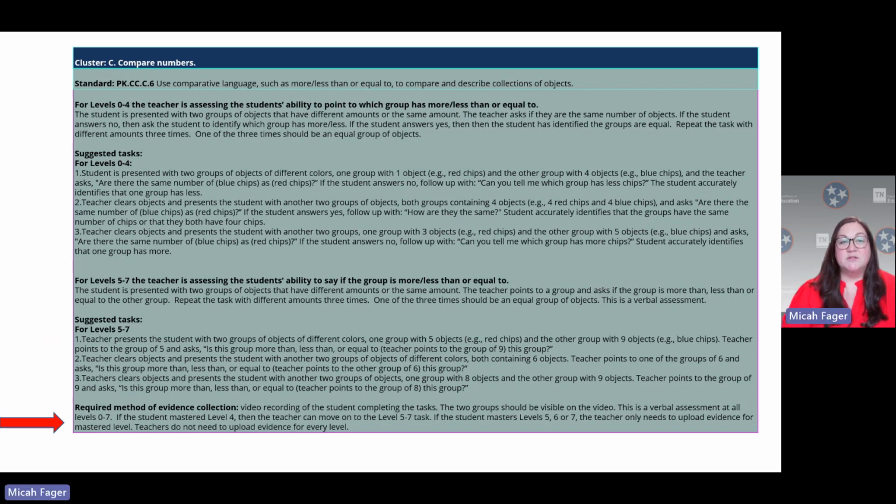For all levels 0 through 7, a video recording is the required method of evidence collection. A video recording must be of the student completing the tasks.